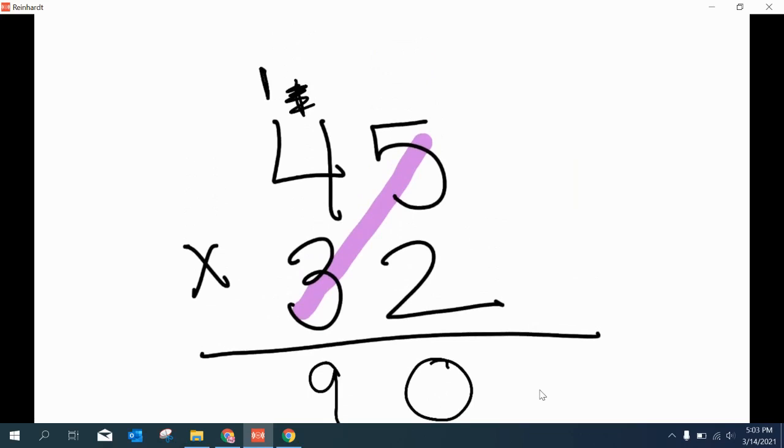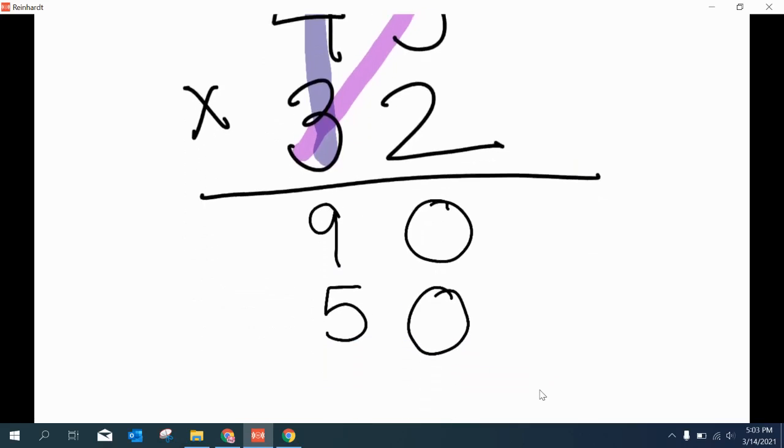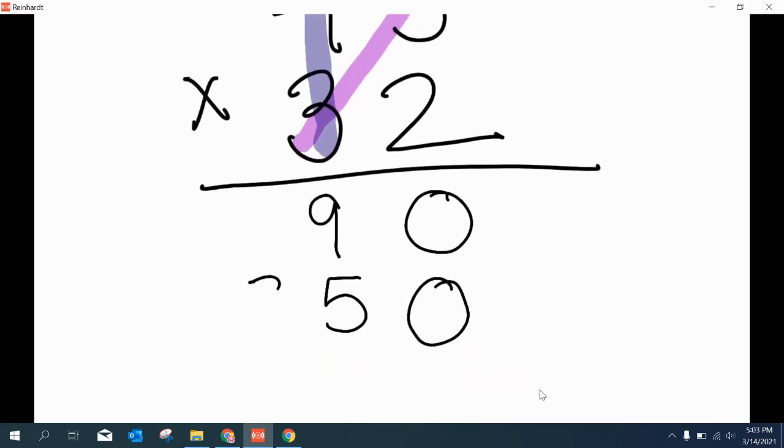So now I'm going to move on, and I'm going to multiply the 3 times the 4. So I know 3 times 4 is 12. I'm going to add that 1 I carried over, and 12 plus 1 is 13. Where am I going to write my 3? Well, right next to the 5 that I wrote down earlier. There's no other numbers, so I can write my 1 down as well.